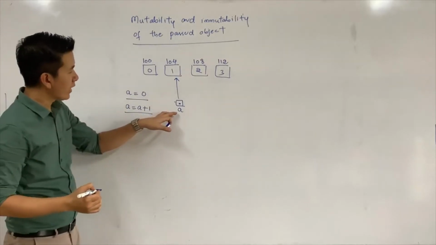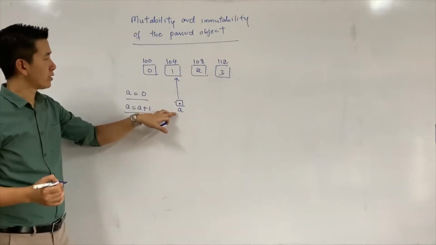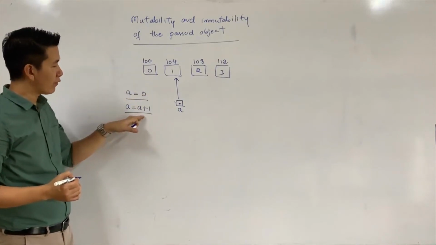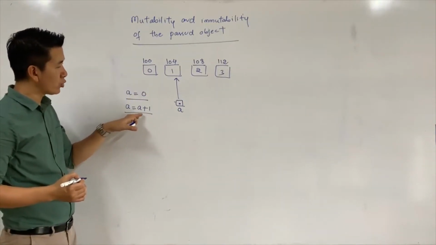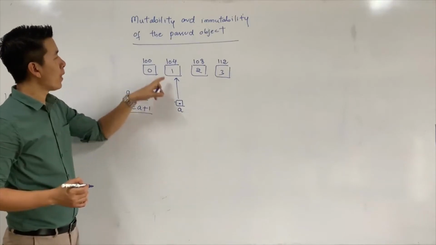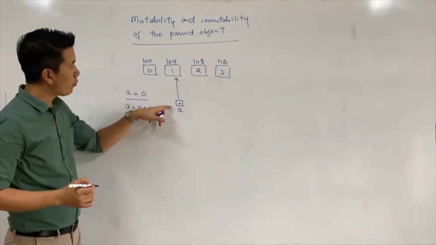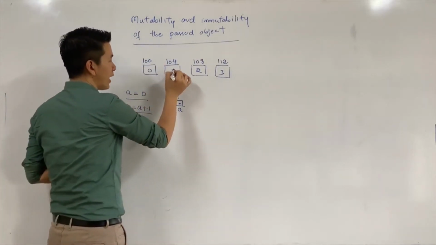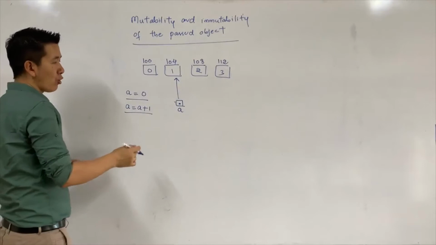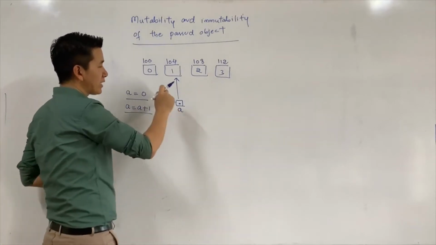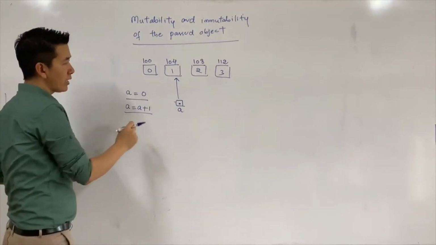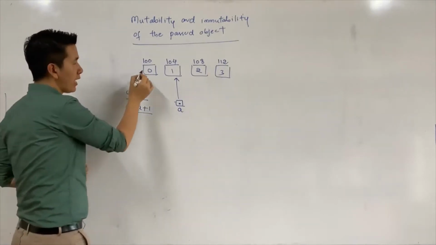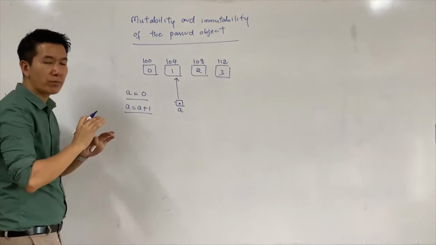So initially, a stores the address of 0, which is 100, right? But since I've added 1 to it, a will now point to 104. It will point to 104 because it has the new value of a, which is 1, right? So when I say integer is immutable, it means the same value in the same memory location cannot be changed.